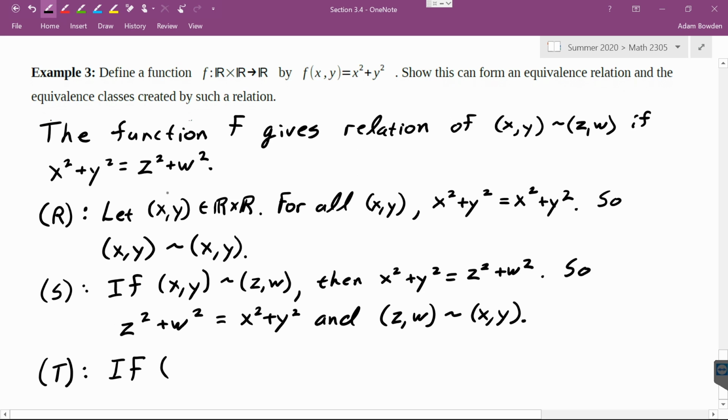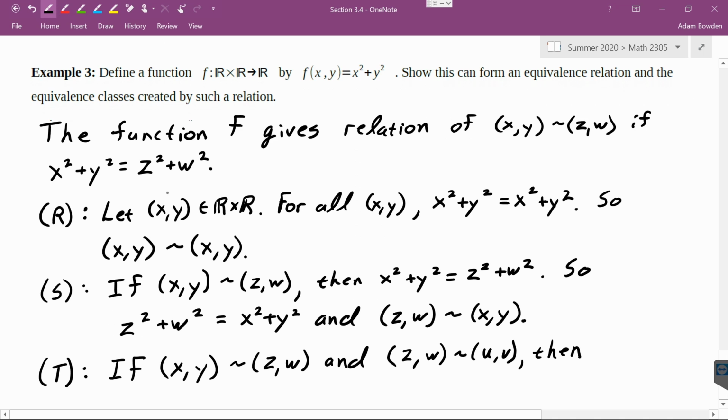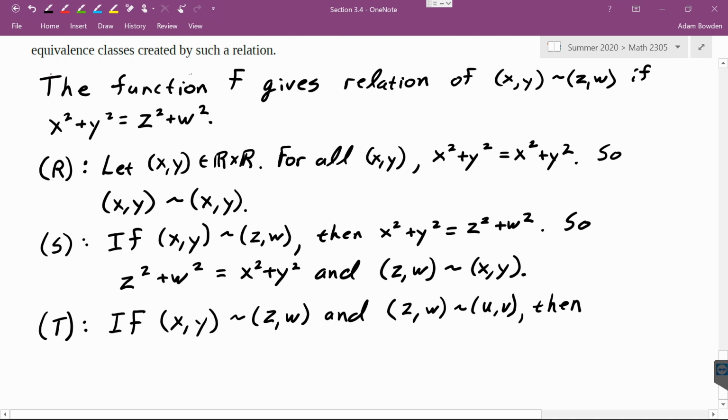Let's demonstrate how that could be true here. If (x, y) relates to (z, w) and (z, w) relates to (u, v), then by the definition of our relation, x squared plus y squared equals z squared plus w squared, and z squared plus w squared is equal to u squared plus v squared.